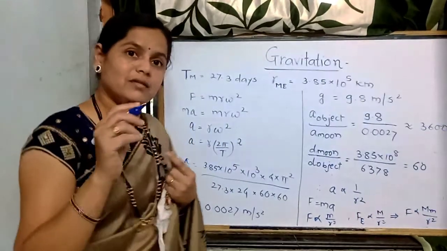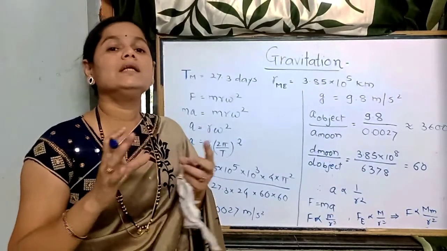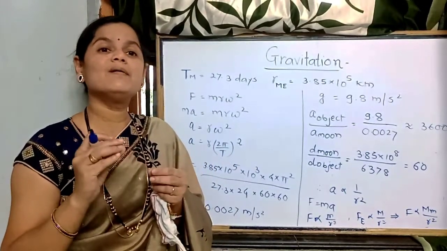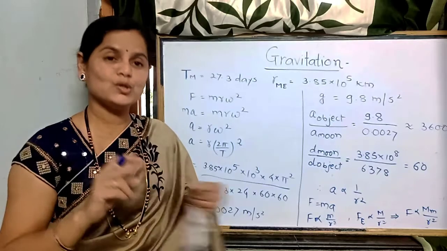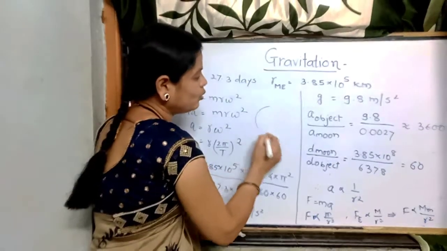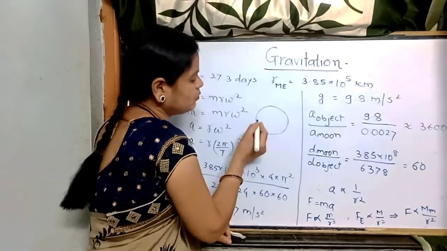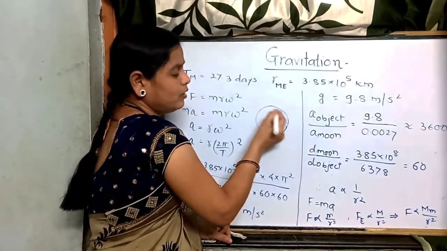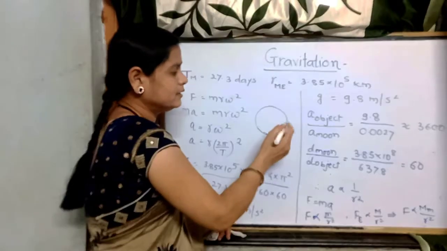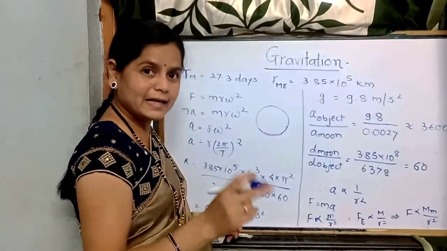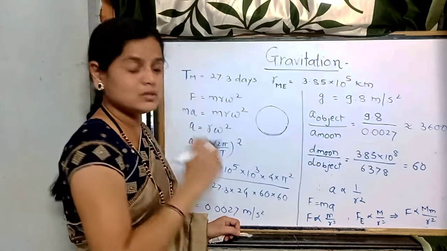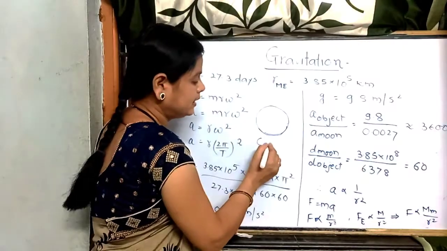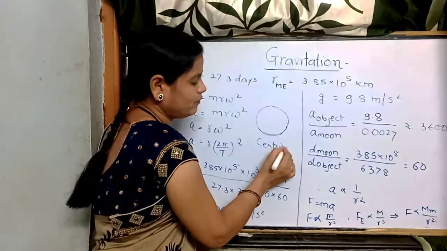If there is acceleration, there must be a central force. Whenever any body is performing circular motion, we know that for a particle to complete the circle, it must be acted upon by a force, and that force we call a centripetal force.